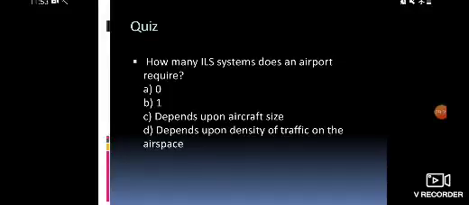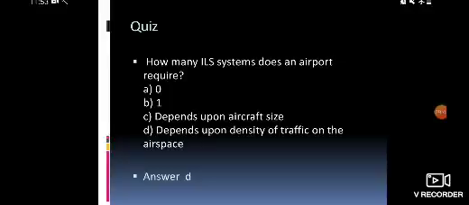So, how many ILS systems does an airport require? Whether it is 0, 1, depends upon the aircraft size, or depends upon the density of the traffic in the airspace. Okay, so what is the answer?